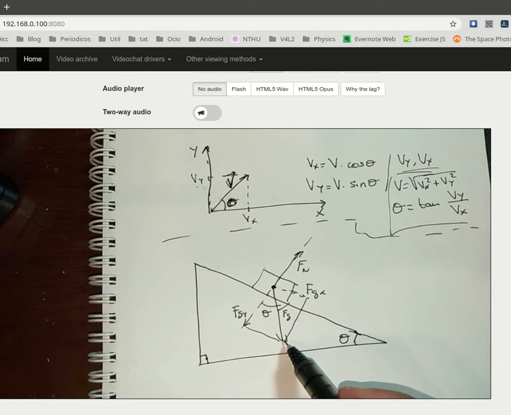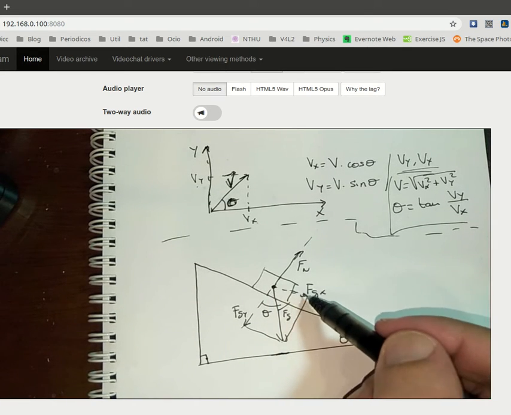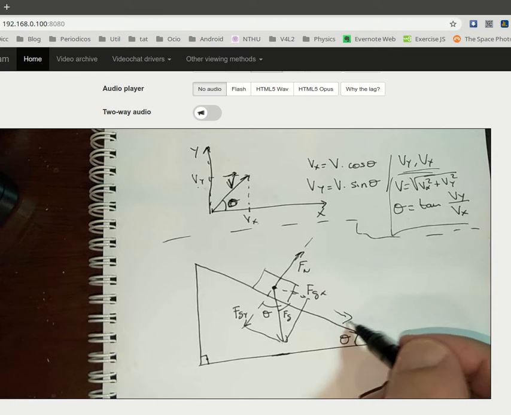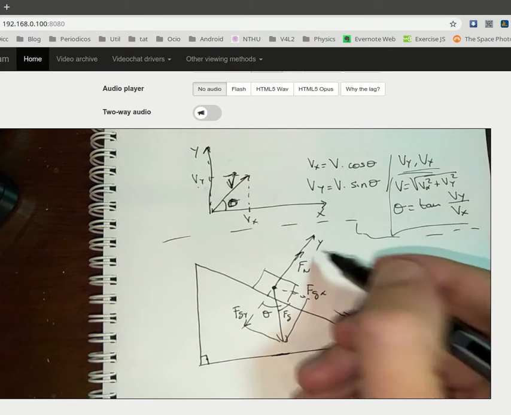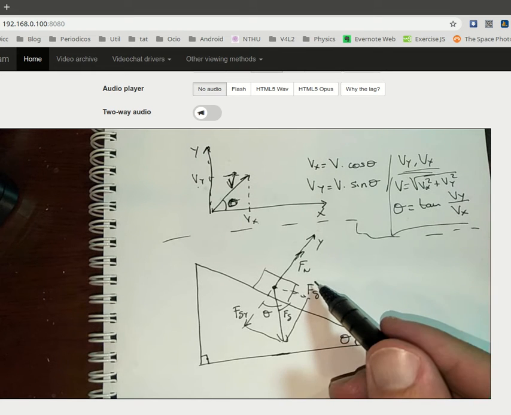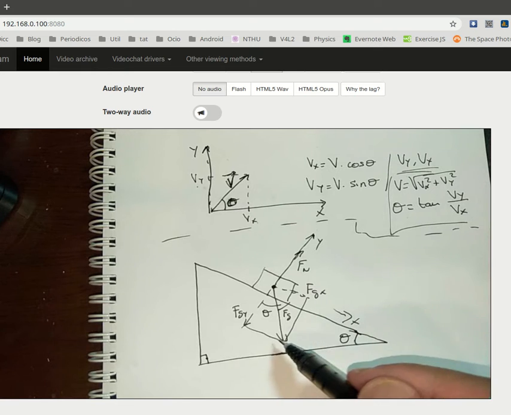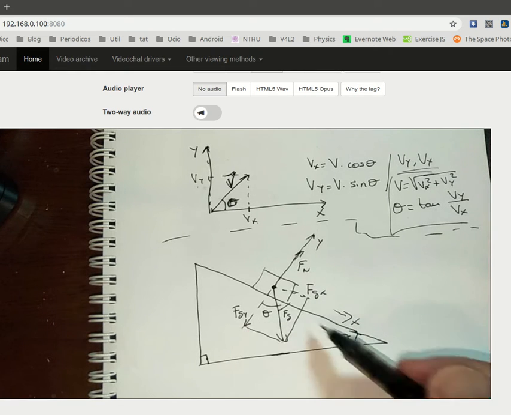The gravity goes straight down, perpendicular to the ground. Usually we define the x-axis here and the y-axis in here. So this gravity is going to have a component in the x-axis and a component in the y-axis.